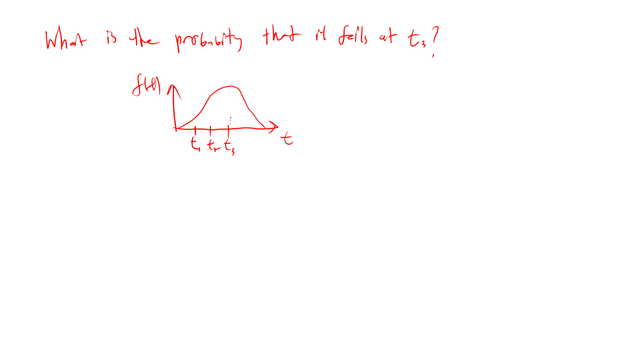So if I ask what is the probability that it fails at t3, it is equivalent to the area under the curve that is shaded.